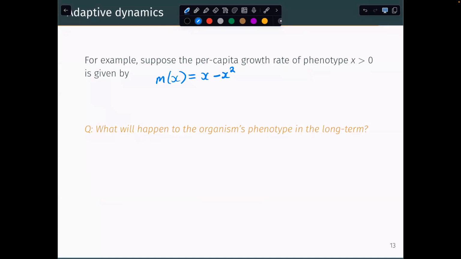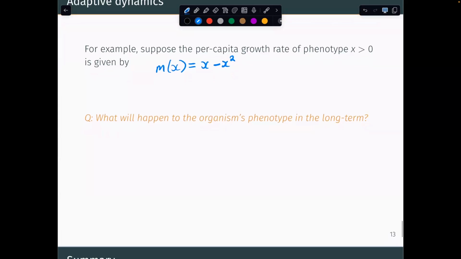Its per capita growth rate is going to depend on that. So perhaps if its body size is too small, it's not going to grow very fast. It's not going to be able to, say, compete for resources. If its body size is very large, then it's not going to be efficient in its use of resources. We say, okay, the per capita growth of an individual phenotype X is going to be X minus X squared.